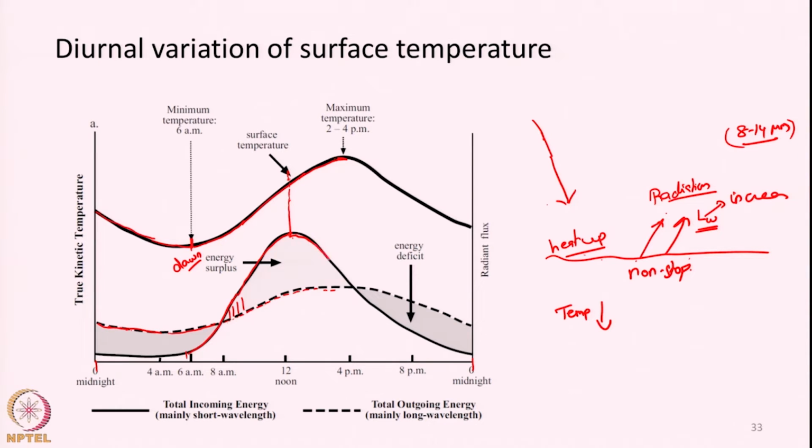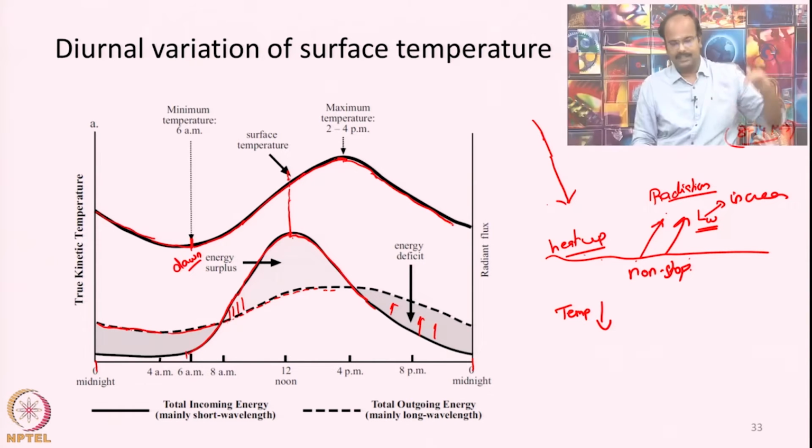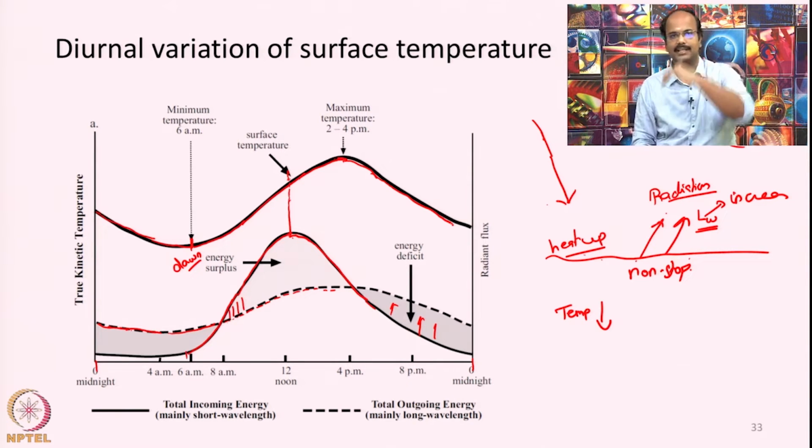Then in the afternoon, solar radiation slowly decreases and after sunset becomes 0. Similarly, temperature will also begin to decrease, because earth is continuously radiating energy. So this cycle of increasing and decreasing temperature will happen continuously for all objects.